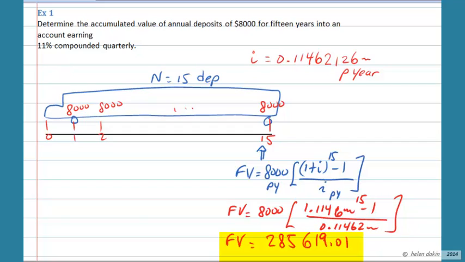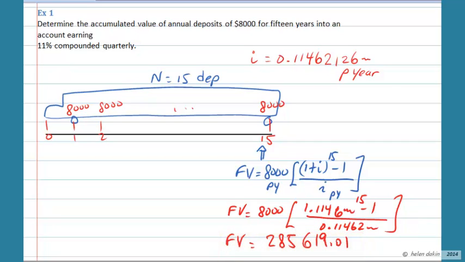And when you're using your calculator to work this out, the annuity factor that is, you know that the 1 plus I value is stored in memory 2. So you can simply do recall memory 2, raised to the y to the x power of 15, subtract 1, hit the equals bar, then divide by recall 1, that's where the interest rate is stored, and hit the equals bar again. You've got your factor. Take your factor now and multiply by $8,000.